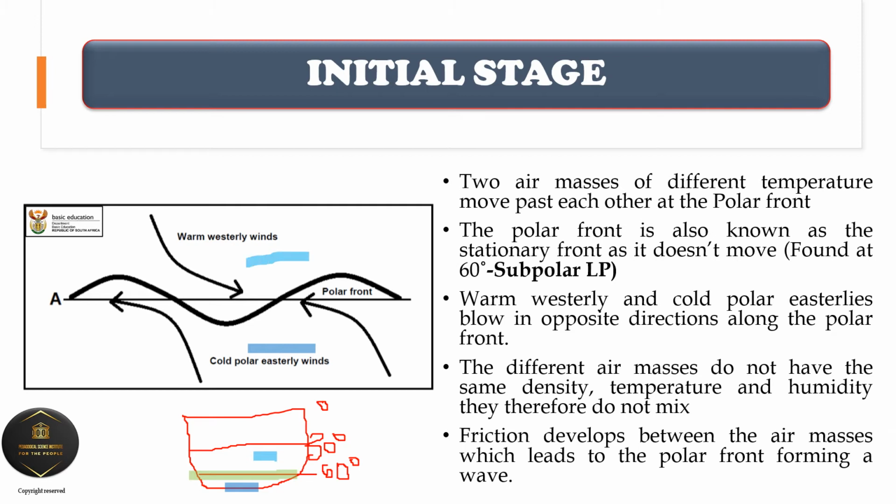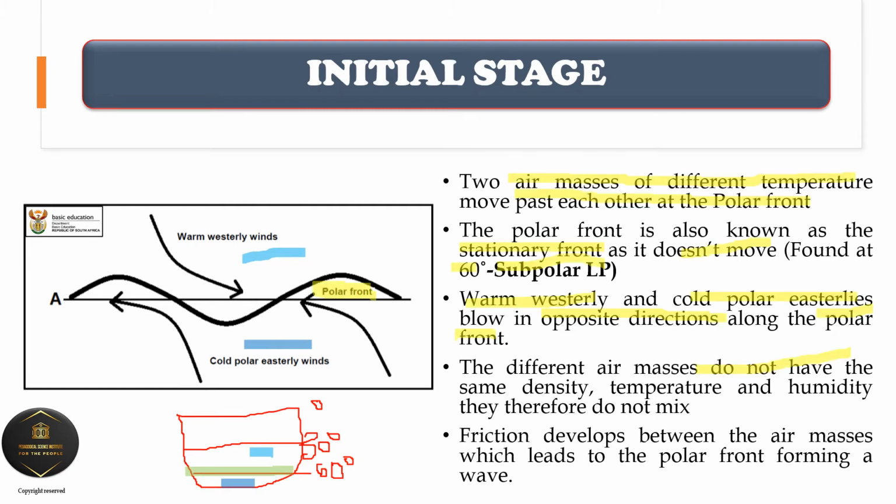Are we fine with that? Now, the 60-degree line of latitude is basically separating the two air masses. Since it is separating the two air masses, what will happen then? We said the two air masses will not mix. But what will happen is that they will meet. Where do they meet? They meet at a front that forms at 60 degrees.